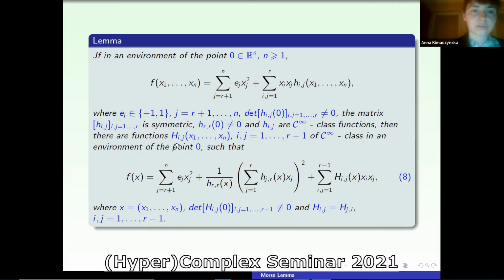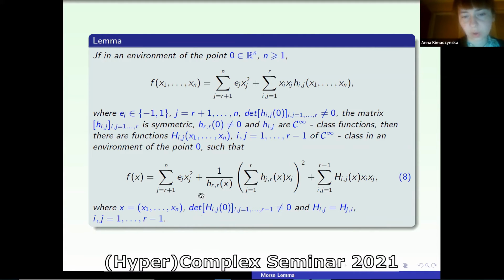Then there are functions large H_ij for i, j from 1 to r minus 1 of C infinity class in an environment of the point 0, such that f of x is equal the sum from r plus 1 to n of e_j x_j squared plus 1 over h_rr of x, the sum from 1 to r of h_jr of x x_j, squared, plus the sum from 1 to r minus 1 of large H_ij of x x_i x_j, where x is (x_1, ..., x_n).